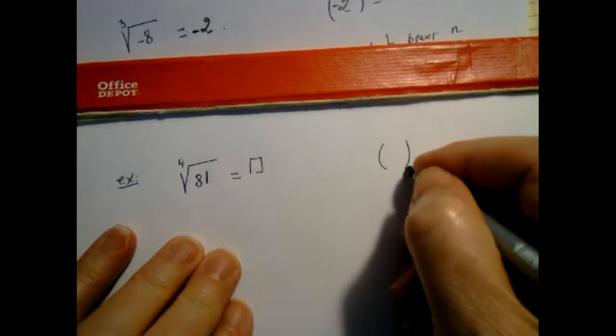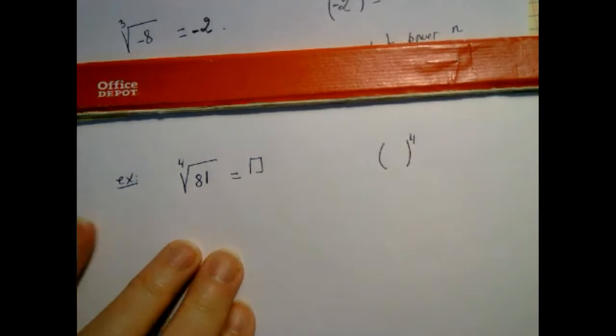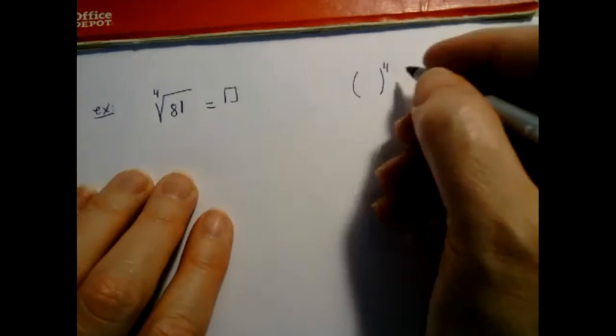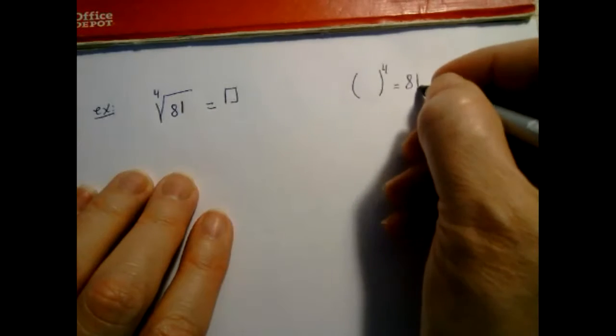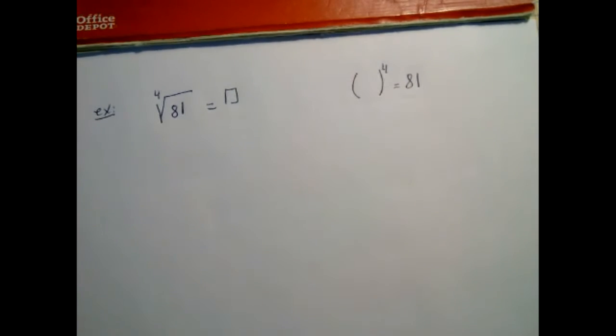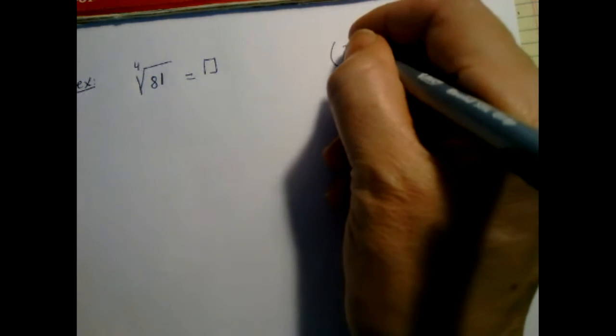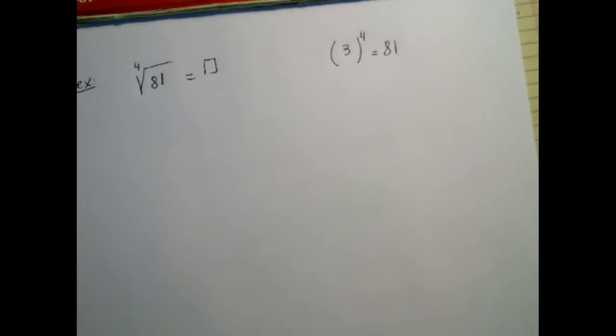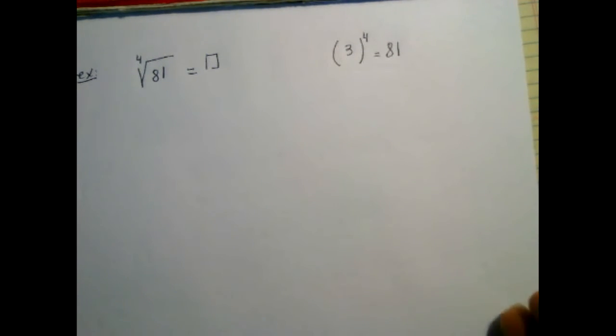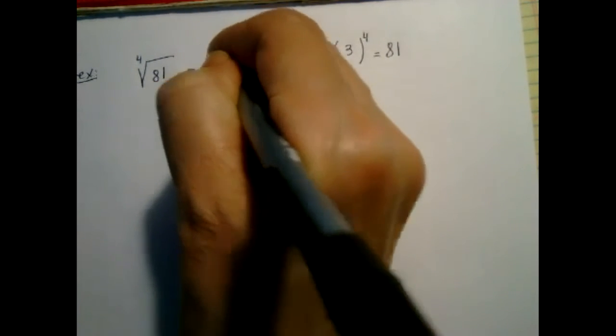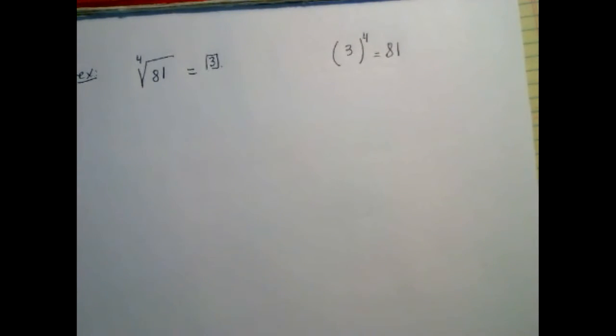It means what's the number that, when you multiply it by itself 4 times, you get 81? What's a good candidate for that? Exactly 3. Because 3 times 3 is 9, times 3 is 27, times 3 is 81. So this should be equal to 3. That's really what the 4th root is: what's the number that you take to the power 4 to get that.